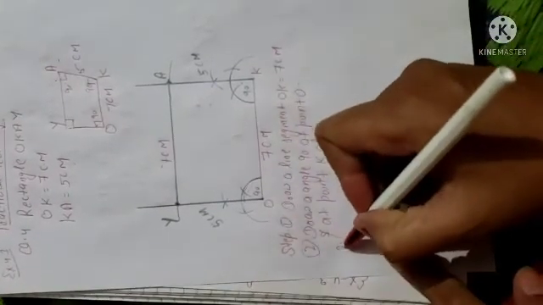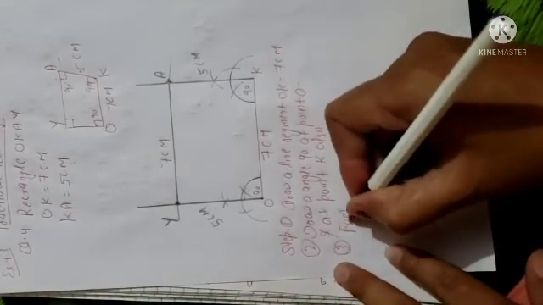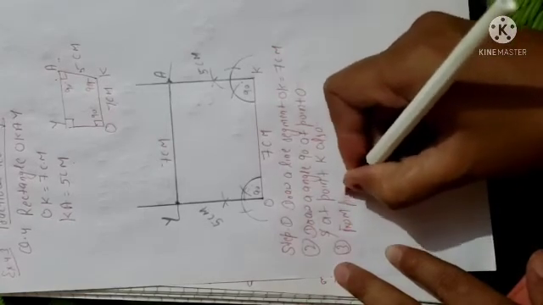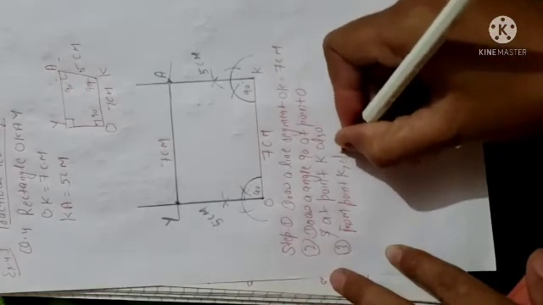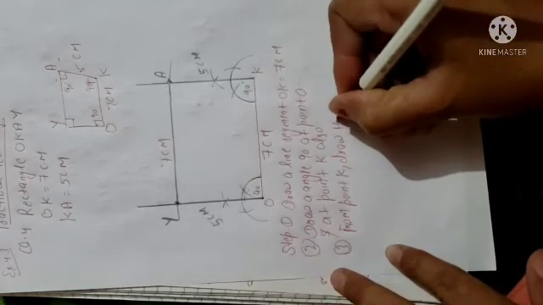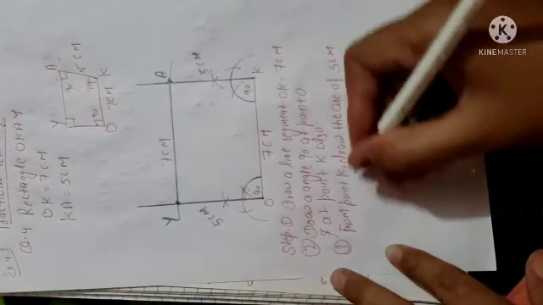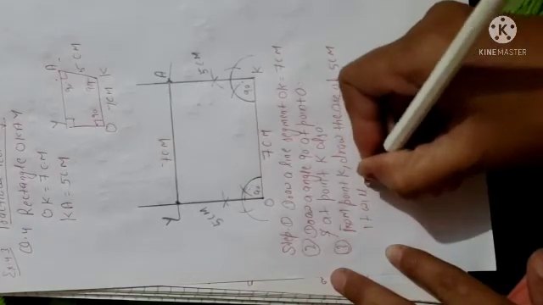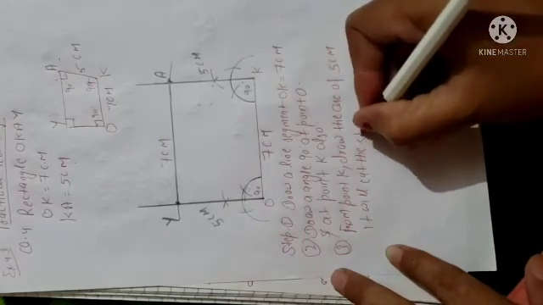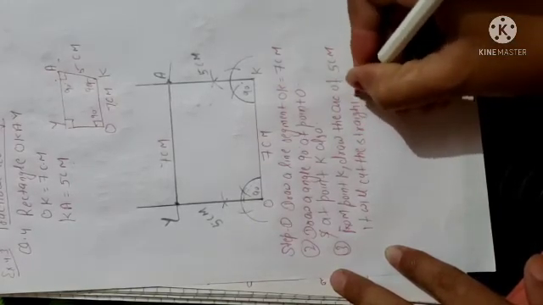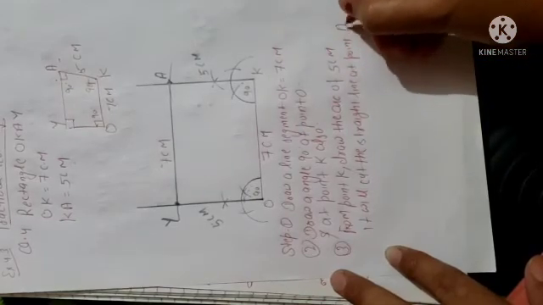After that, third step, what are you doing? From point K, draw the arc of 5 centimeter. It will cut the straight line at point A. Clear?